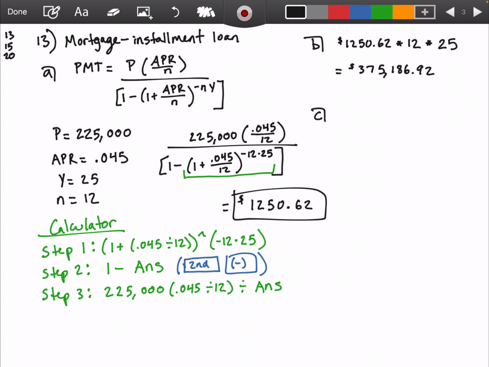Of the total paid, blank percent is paid towards the principal and blank percent is paid for the interest. Okay, so the principal was 225,000. So I need to calculate how much percent of the total. So I'm going to do 225,000 divided by how much I'm paying in total.